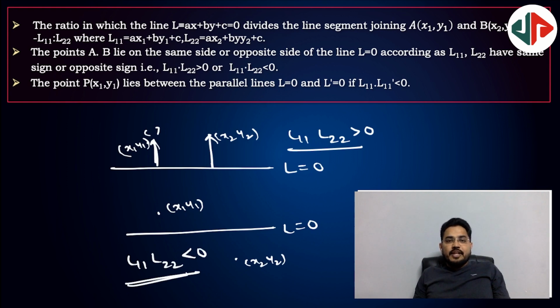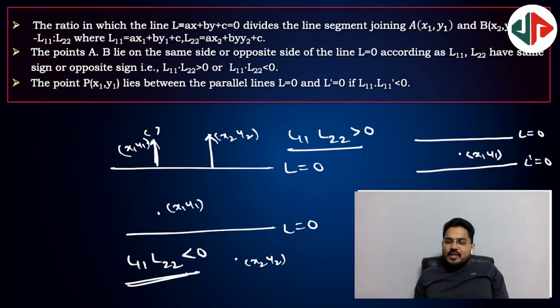And the last point here: L = 0 and L' = 0, two parallel lines. If x1, y1 is here, for this one it is the positive side, then for this one it is going to be the negative side. If for this one it is the negative side, for this one it will be the positive side.